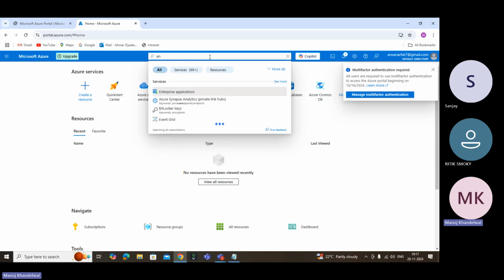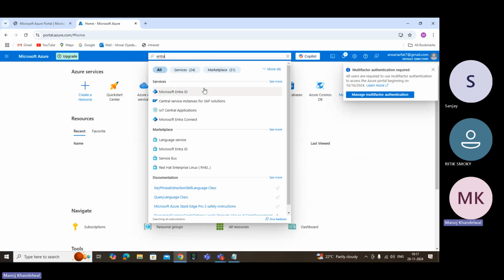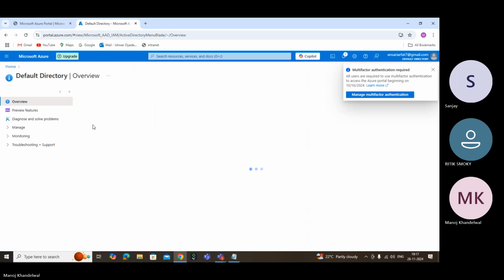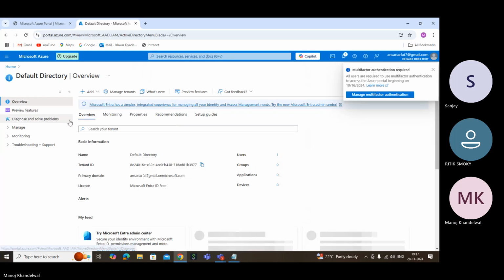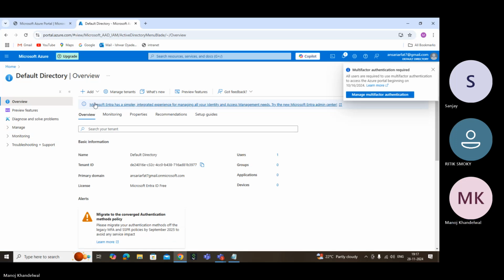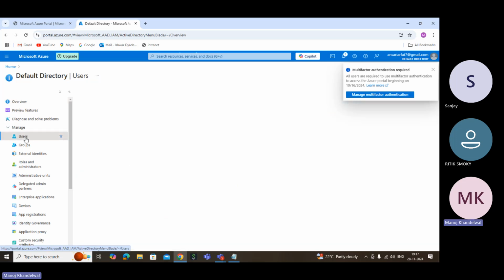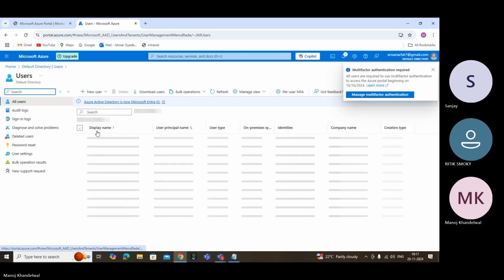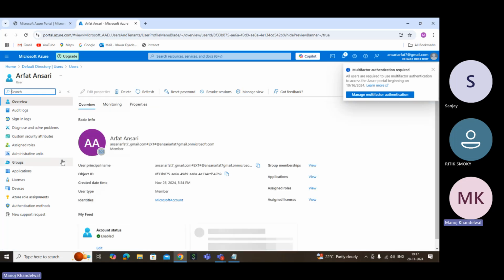Let me check if I can remove this security thing.